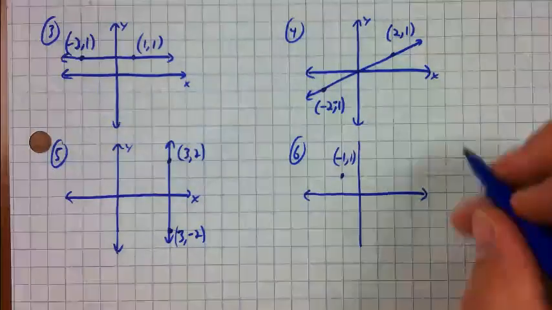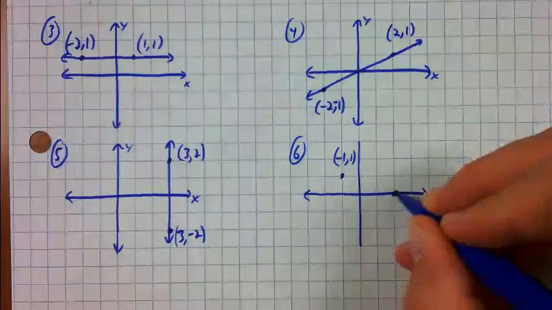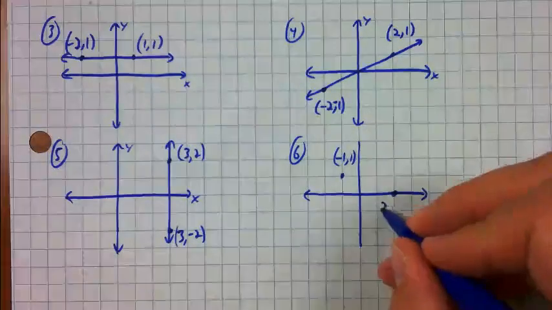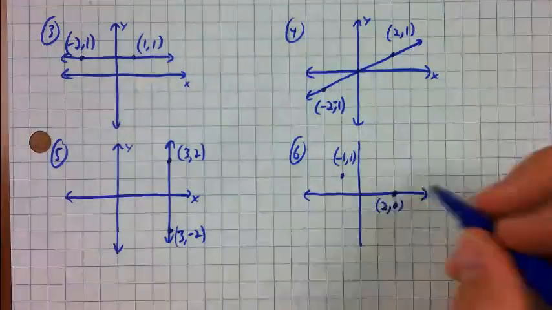A point at negative 1, 1, and a point at 2, 0.